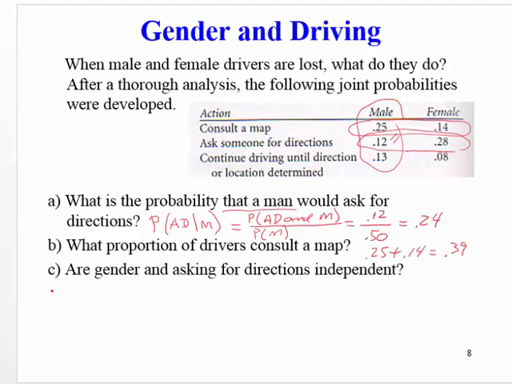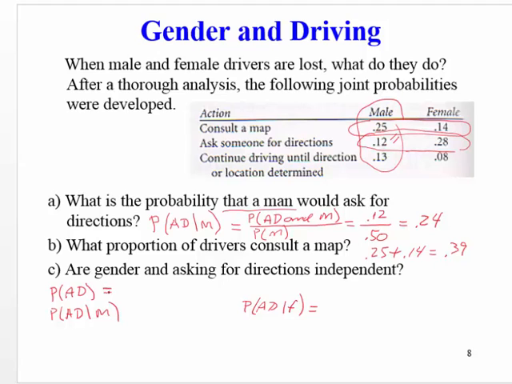So we have to say, well, what's the probability of asking for directions? You have to say, what's the probability of asking for directions if you're male? And what's the probability of asking for directions if you're female?